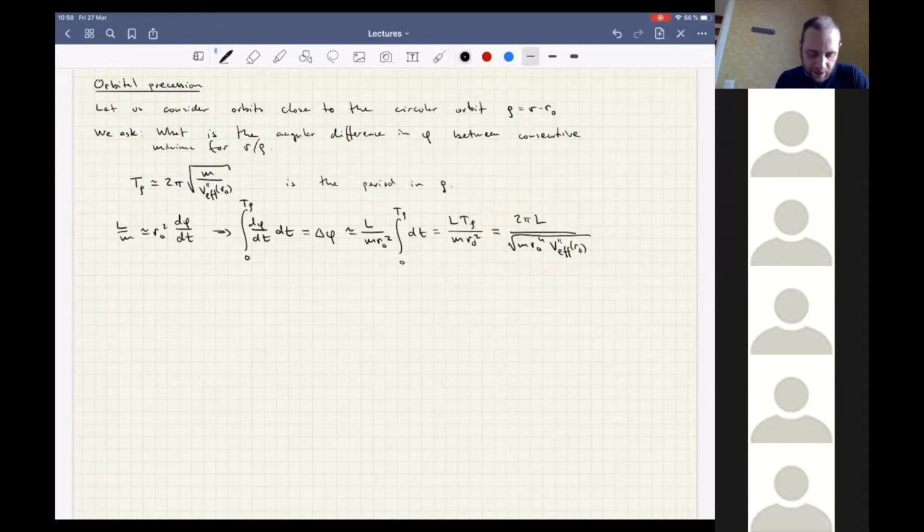So this means that the square root of m R0 to the fourth V effective double prime at R0, divided by L, is an integer.